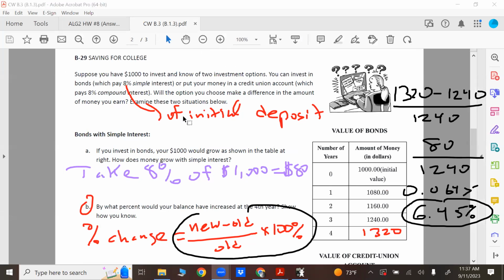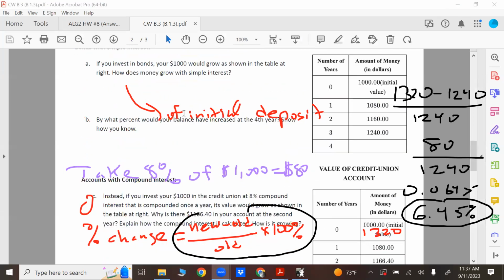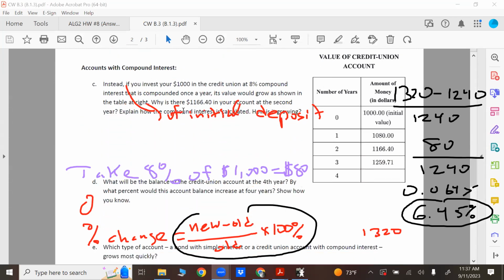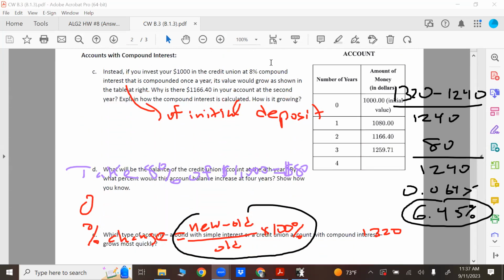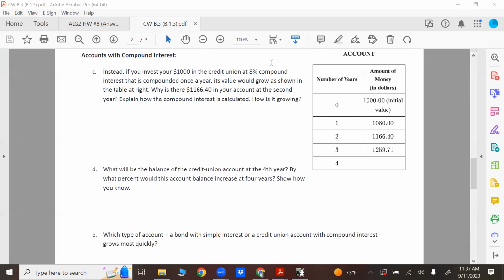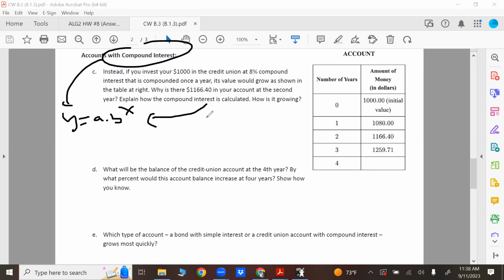Now the other one's gonna be better, and you'll see why. So here's what you're gonna do for the next one. Now this one, you're totally gonna use y equals a times b to the x. So you start with $1,000, you do 8%, you get this. And then when you do year 2, you get 1160.40. So how is this calculated? It's calculated using that formula.